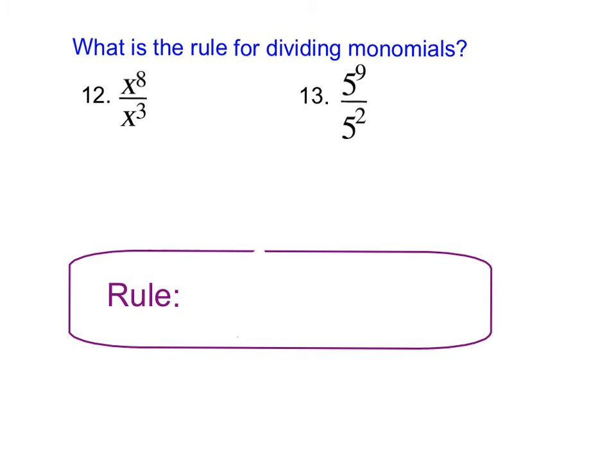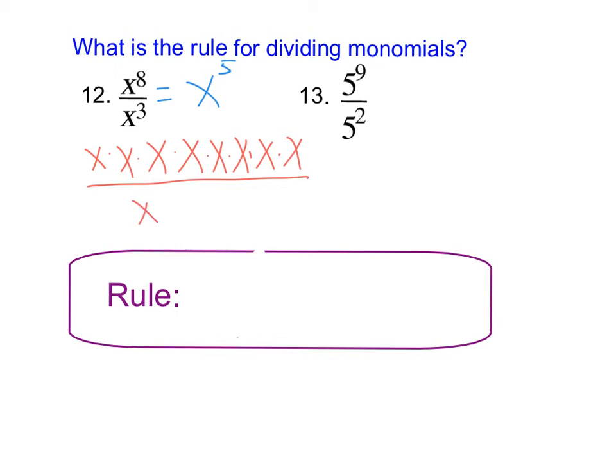All right, division. What's our rule for division? It is subtraction. Now, do you remember why? Well, if we expand out x to the 8th, that's 1, 2, 3, 4, 5, 6, 7, 8 over 3 x's. So we've got 1 x cancels, 1 x cancels, that x.